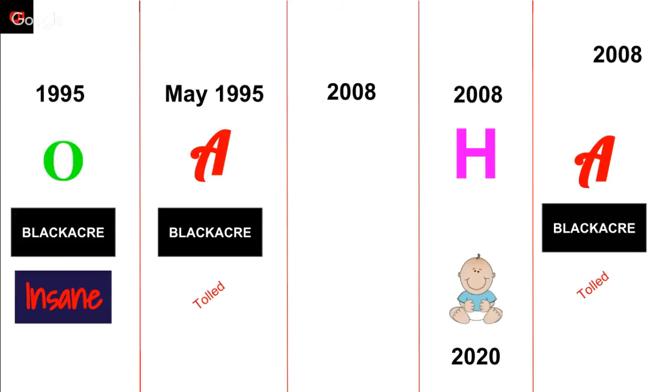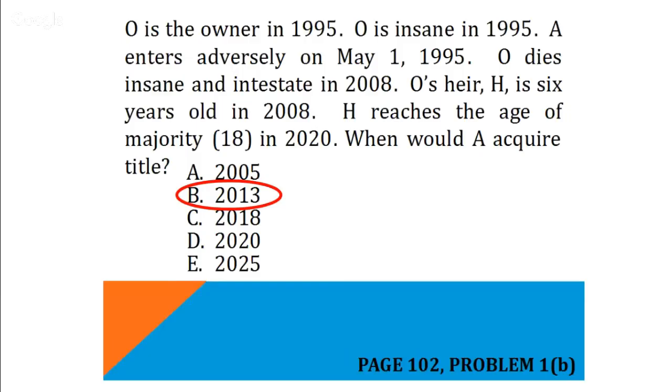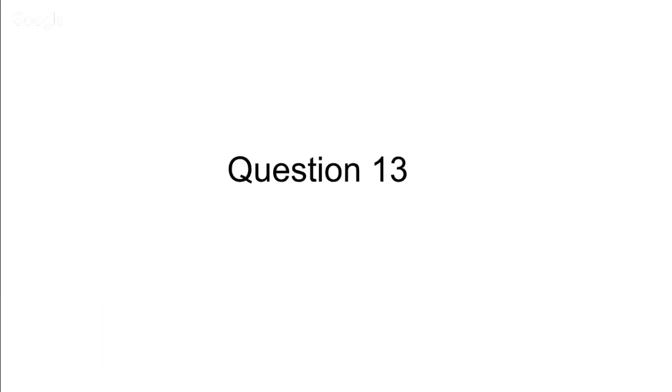Well, we have the same scenario here again. 2008 is when O passed away, and if we add 5 years to it, then in 2013, A would get title. Since you only have to add 5 years to the end of the disability, in 2013, title. And the answer is B.